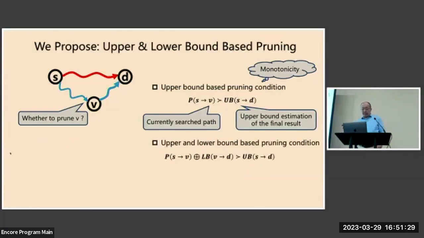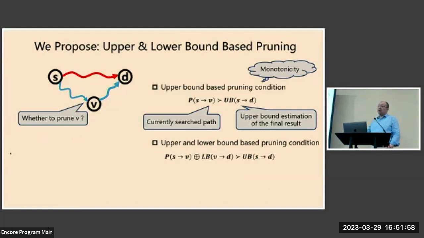it's not enough. So the main idea in this paper is to consider not only the upper bound, but also the lower bound. If we know that the upper bound from S to D is this value, but we also know a lower bound from V to D, then we add more on this side, and if this plus this is larger than that, we don't need to search.